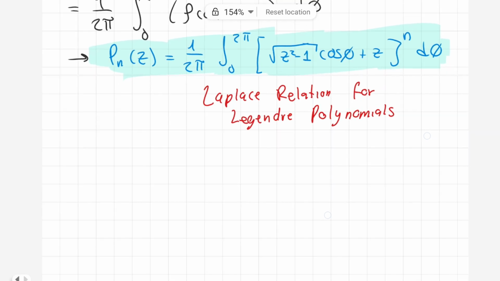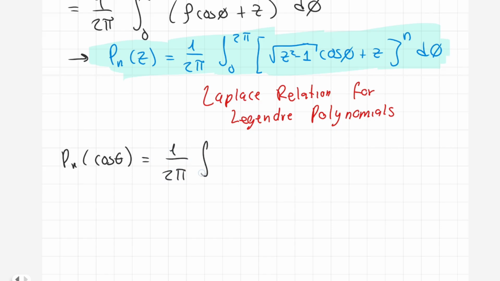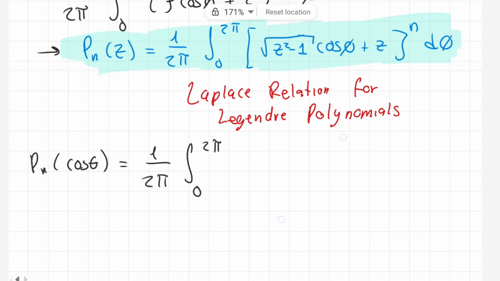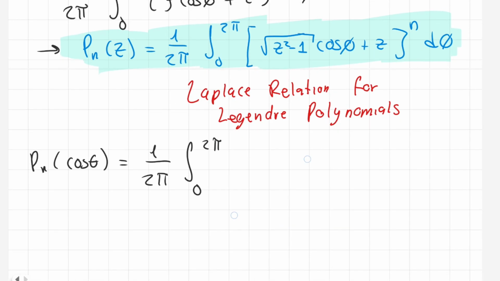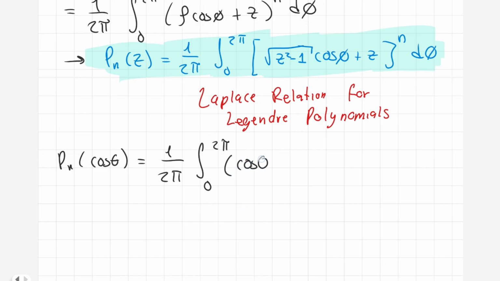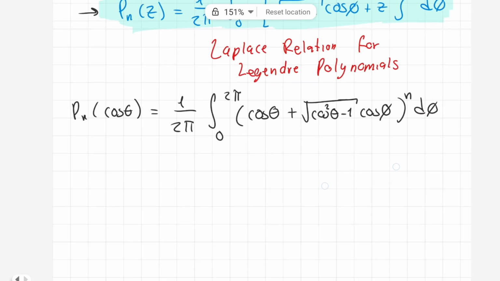Okay, and another very well-known way to represent this same equation is to evaluate the Legendre polynomial at cosine of theta. So this is going to be 1 divided by 2 pi, the integral from 0 to 2 pi of, well, we have a z, right? But z is equal to cosine of theta, and then plus the square root of cosine squared of theta minus 1 times cosine of phi raised to the n power d phi.